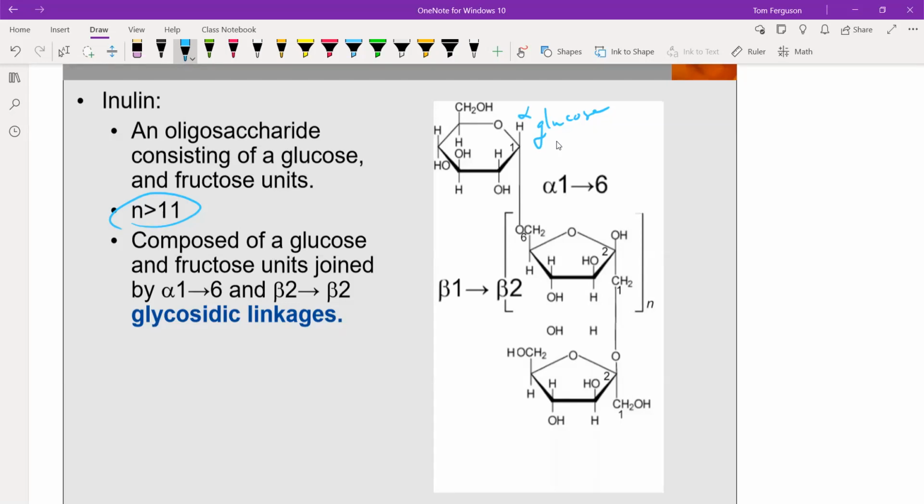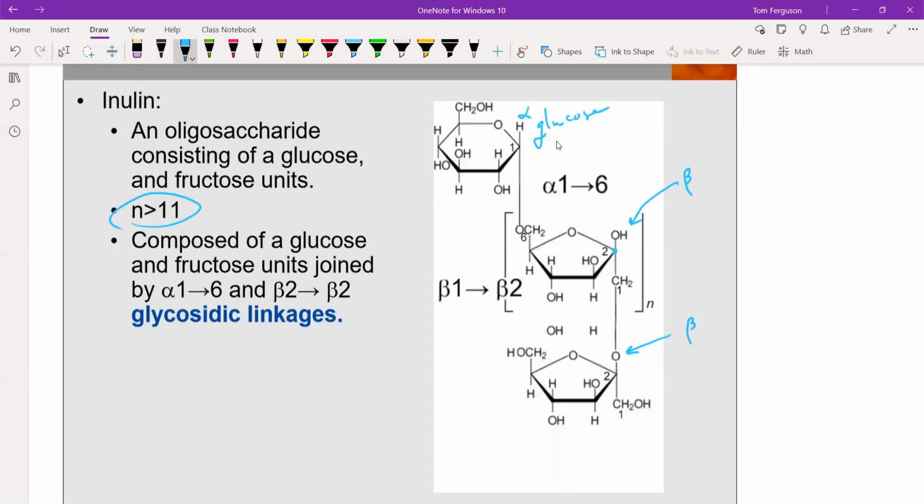Down here we have, this is carbon number 2. Notice the OH is going up here. That's in a beta position. And these fructoses, both of them are in a beta position.